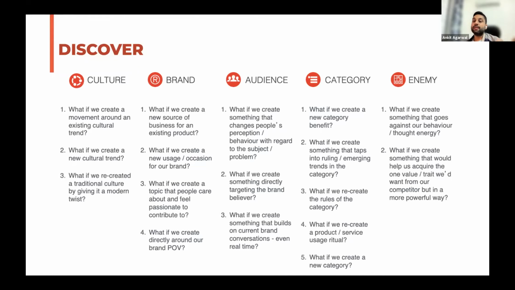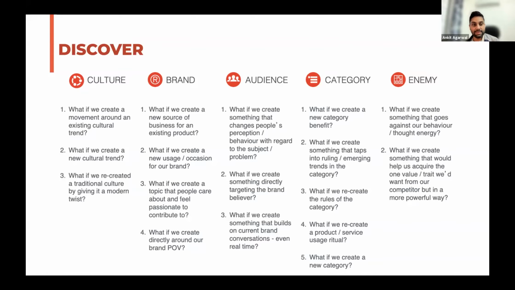What if we create a movement around being a coffee lover? Okay. And now think about how can this movement be created and how can influencers help you in creating this movement. Maybe say 10 creators who have been historically chai lovers can start speaking about turning into a coffee lover because of the decaf coffee and because of the benefits that I'm getting, right? So that's one flip that you can do.